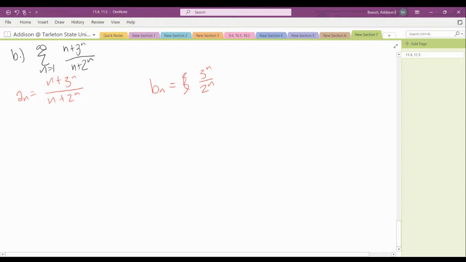That way, whenever we divide, we can maybe cancel out that 3 to the n and the 2 to the n's. And of course, this is equal to 3 over 2 to the n, which we know would diverge due to our geometric series test.